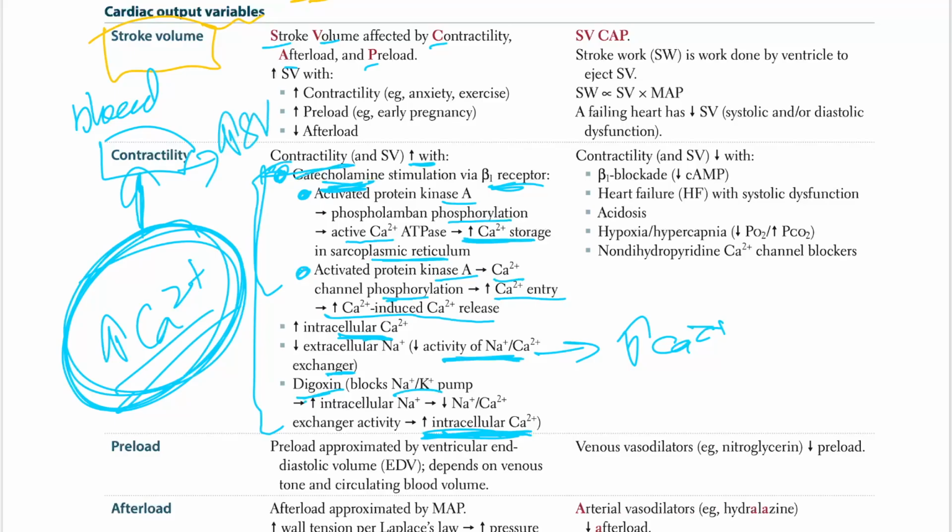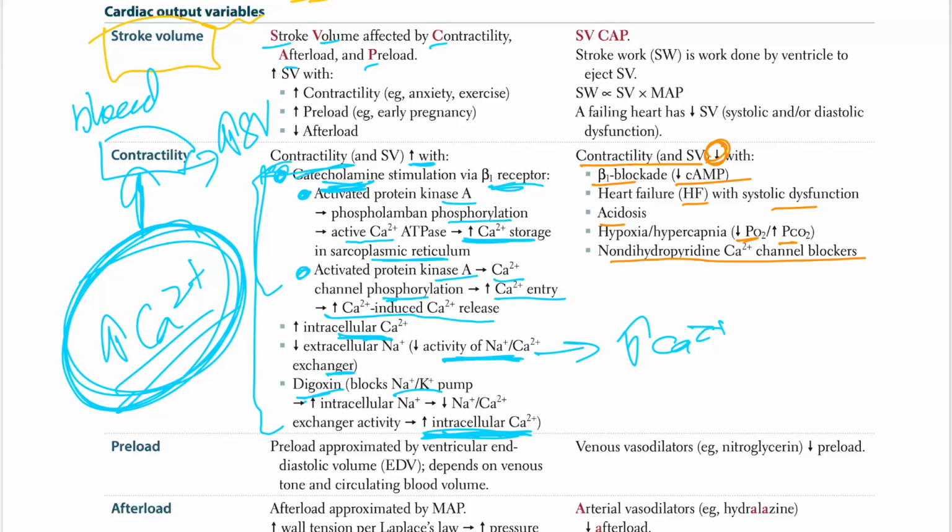On the left side, what do we have? Contractility and stroke volume would decrease with the opposite. So beta 1 blockade, decreased cyclic AMP, heart failure with systolic dysfunction, acidosis, hypoxia, hypercapnia, meaning a decrease in oxygen or an increase in carbon dioxide, or calcium channel blockers, non-dihydropyridine calcium channel blockers, right?